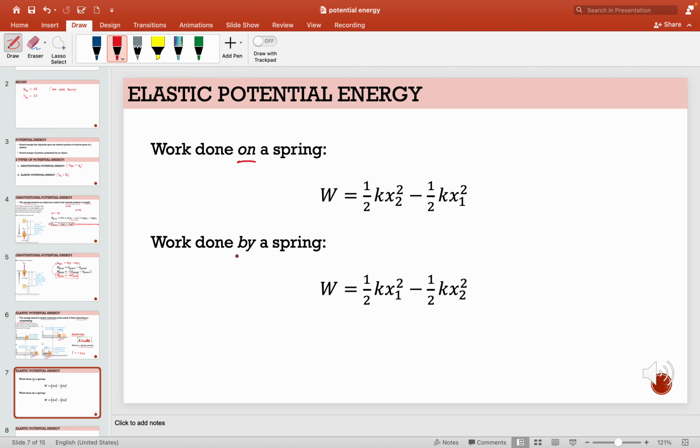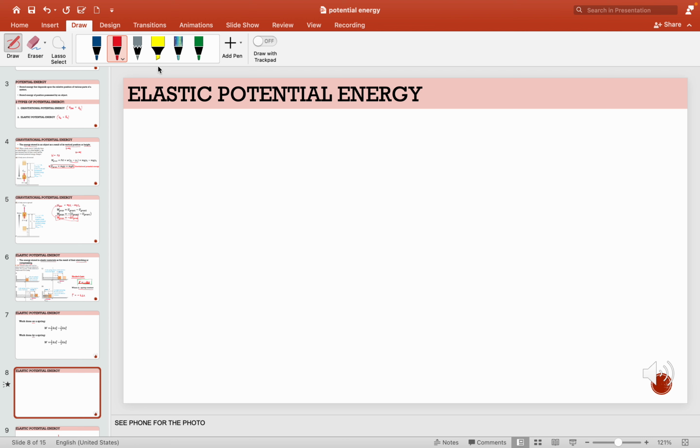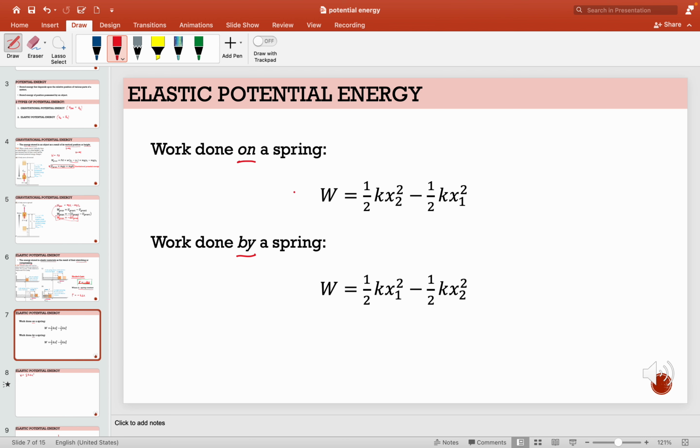Whereas the work done by a spring is work equal to 1/2 k times the initial position squared minus 1/2 k times the final position squared. So again, work done is equal to 1/2 k times delta x squared in our formula.